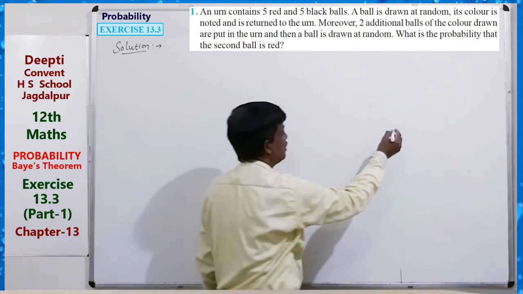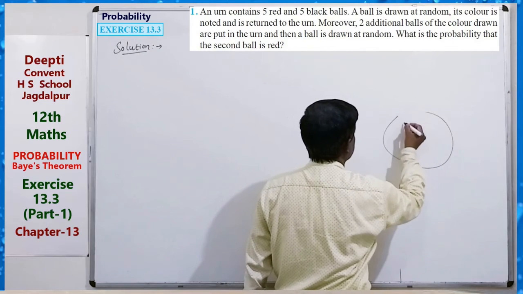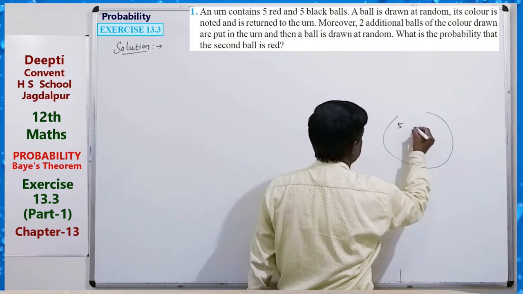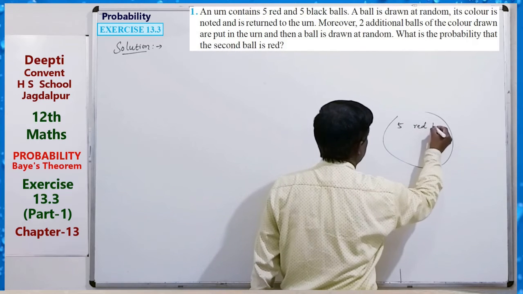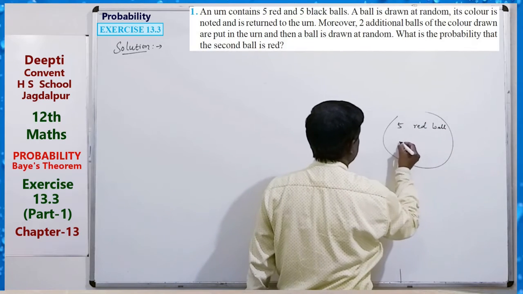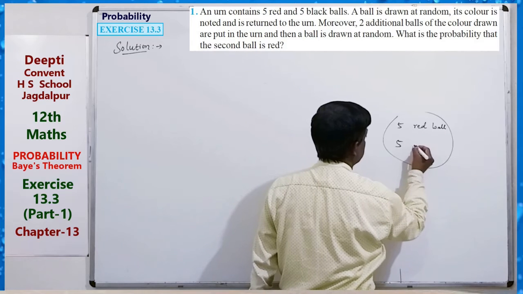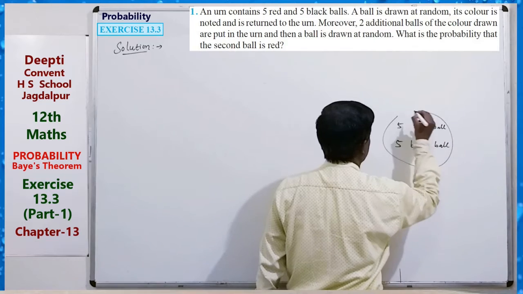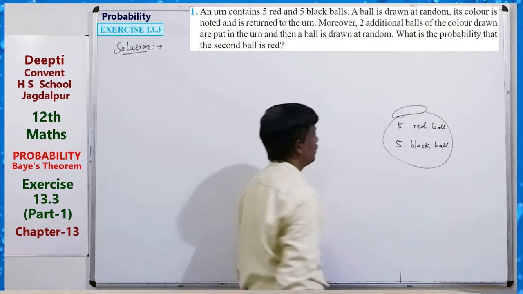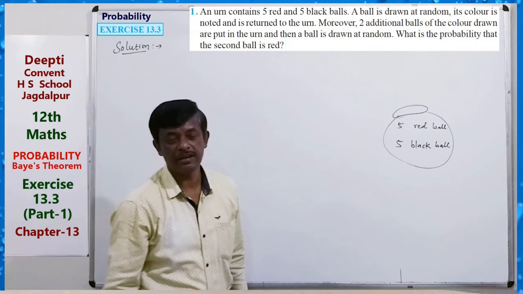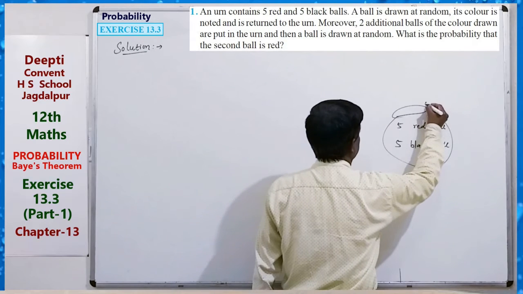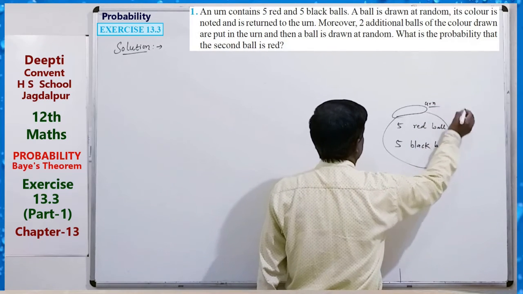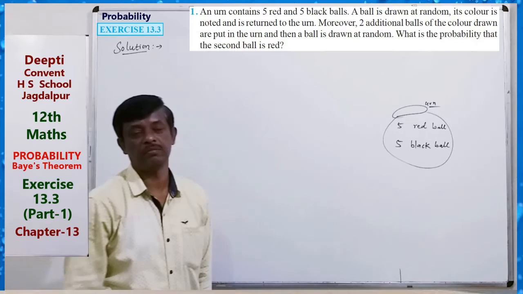here an urn contains 5 red balls and 5 black balls.